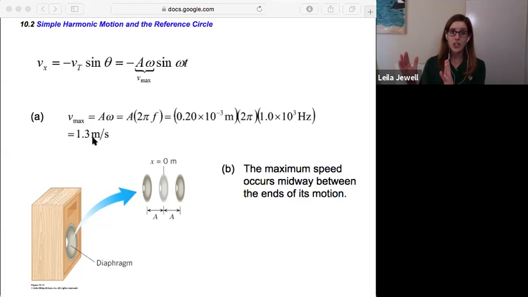But where we get the largest speed is going to be right in the middle, right where the speaker or the spring has had the most time to rip that object back to the equilibrium position. And then the object keeps going and starts to slow down, and then starts to speed up again until the equilibrium position, and then slow down again.